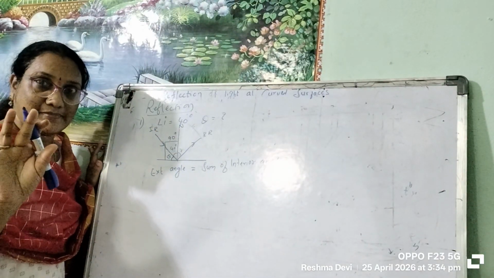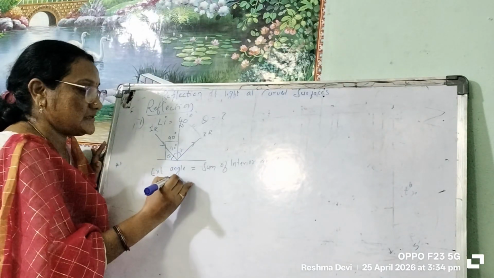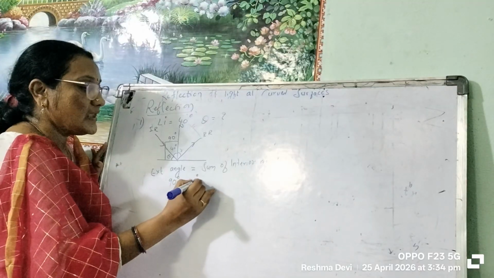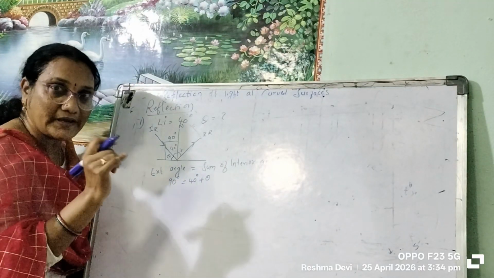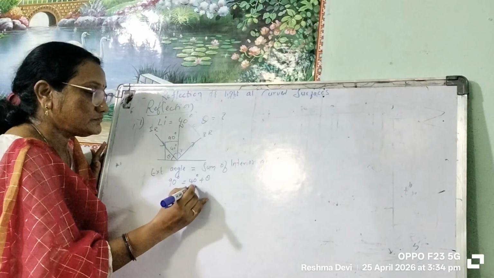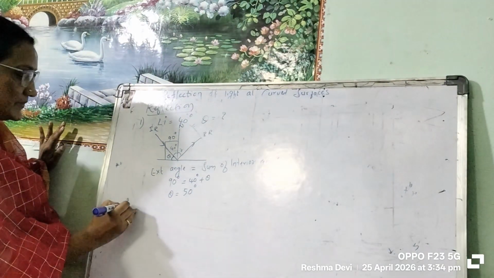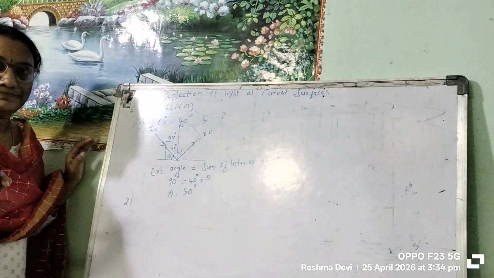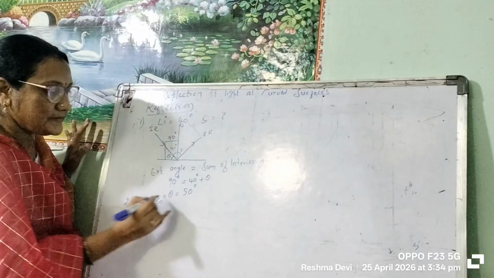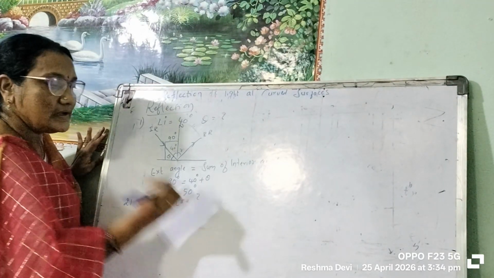So exterior angle becomes 90 degrees. Now interior angle, one is 40 degrees, other is theta. Okay. So theta equal to 90 minus 40, 50 degrees.